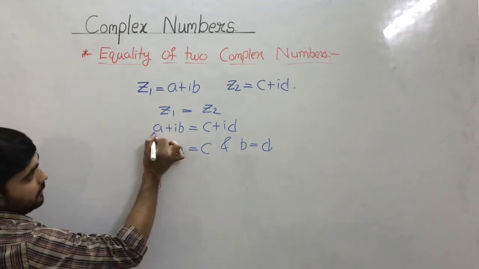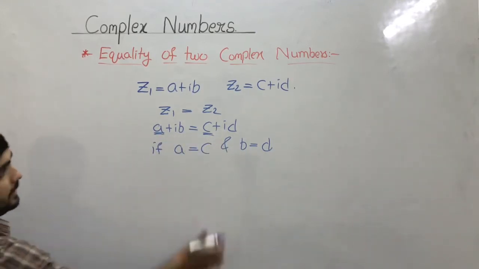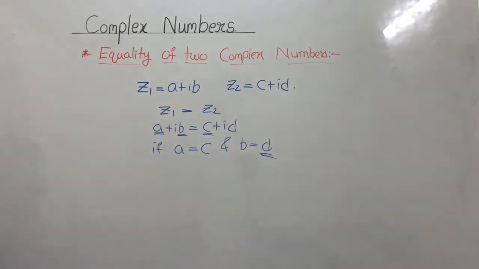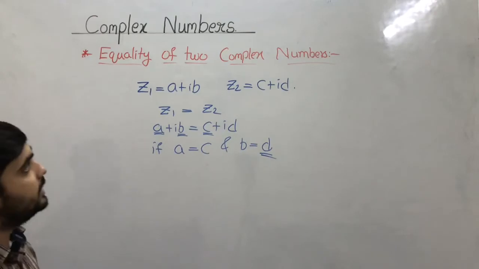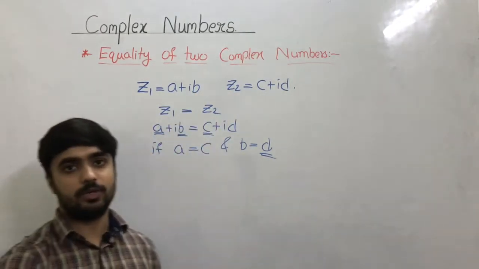That is real part of z1 is equal to real part of z2. Similarly, imaginary part of z1 is equal to imaginary part of z2. Then and only then we can say that the given two complex numbers are equal to each other.